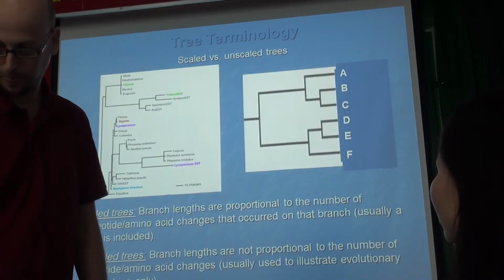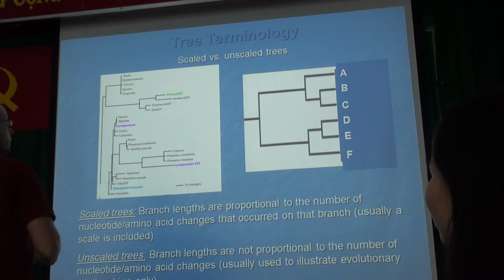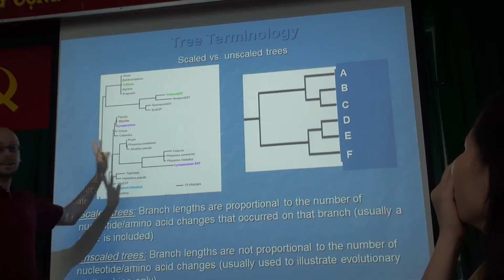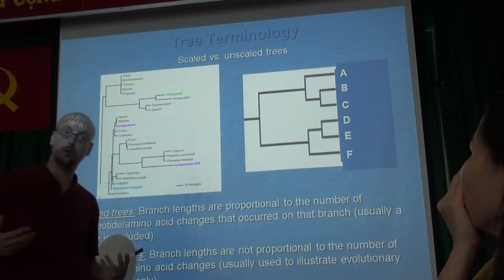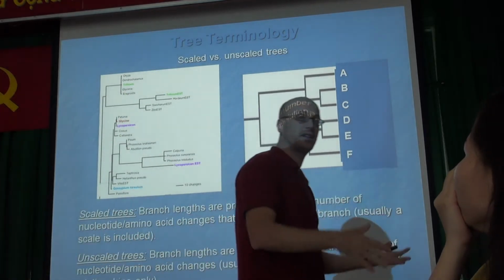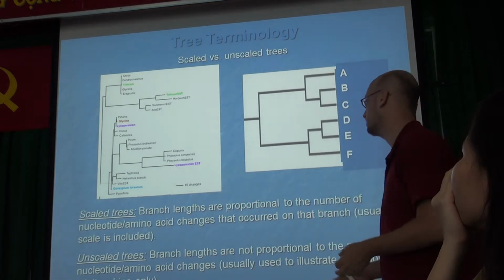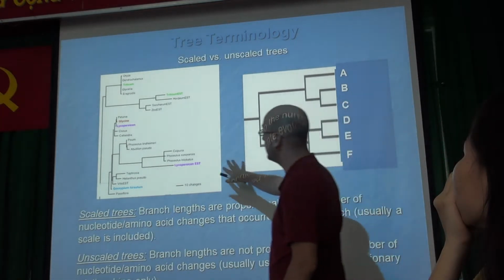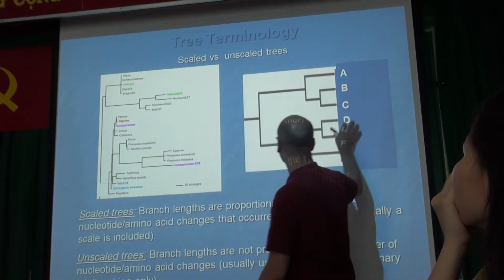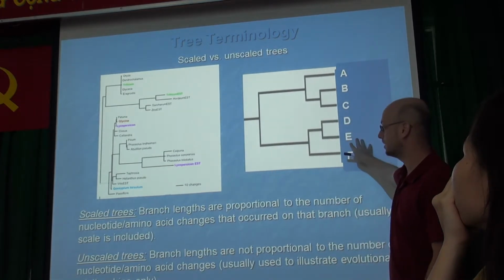Yeah. Okay, scaling. We can have, if we want, trees with a scale or trees without a scale. So we can have scaled trees right here, or unscaled trees right here.